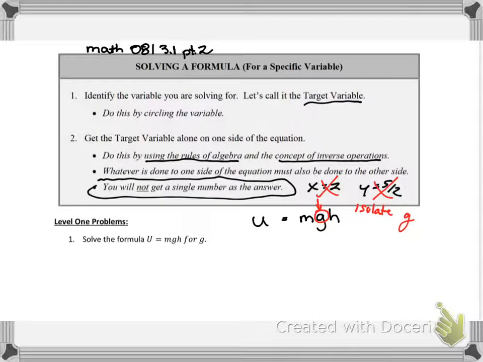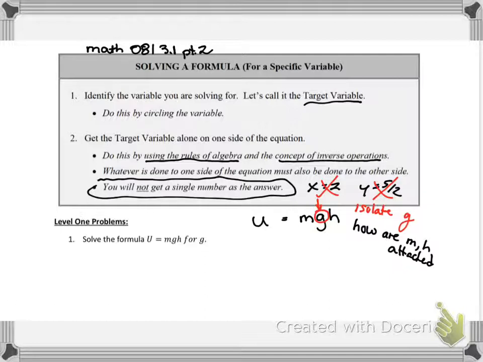Okay? So here's the thought process that you want to go through whenever you're doing a problem like this. You ask yourself, how are m and h attached? In other words, if they're sitting right next to the variable without any signs in between, what mathematical operation is being implied here? So hopefully you understand that mgh implies that everything's getting multiplied, right?